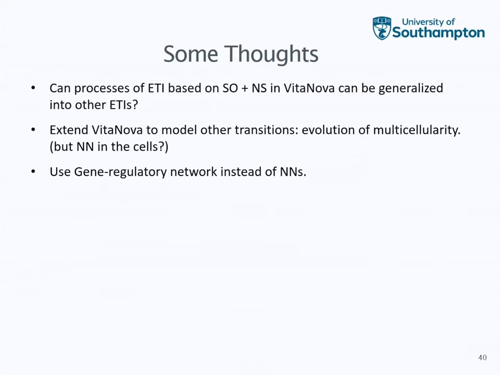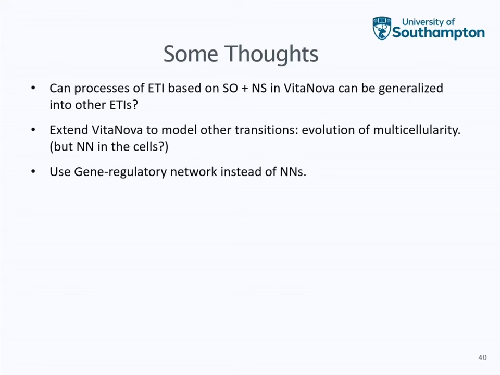And also I'm interested in whether the process of self-organization and maturation in Vitanova can be generalized to other ETIs in nature. In this simulation, I'm using a simple neural network to simulate the transition from solitary to eusociality.